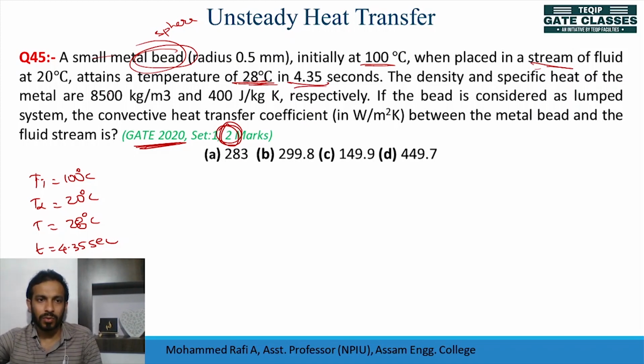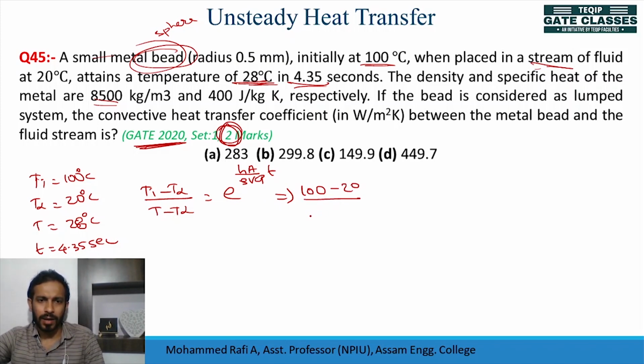So let's try to solve. The rest of the things are there; directly we have to find the H value. Again the equation: (Ti minus T infinity) divided by (T minus T infinity) equals e to the power HA by rho V Cp into t. All these things are given. I directly write (100 minus 20) divided by (28 minus 20) equals e to the power.